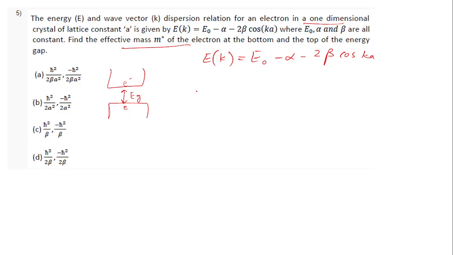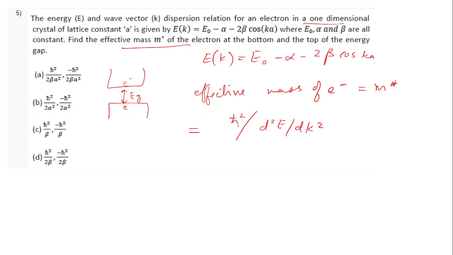Now we know the effective mass of the electron, which we represent by m star. It is given by the expression h bar square divided by d2E by dk square, right? In the denominator we have the double derivative of energy. So we need to find the double derivative of this.